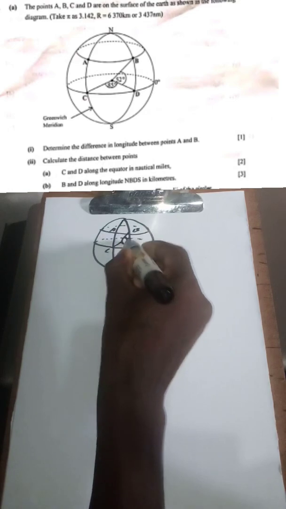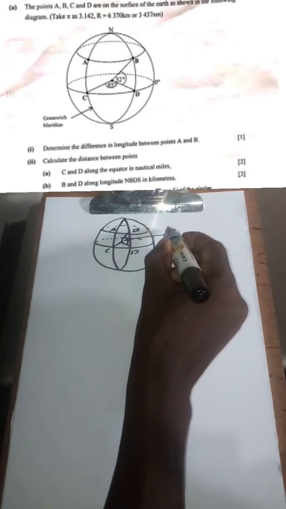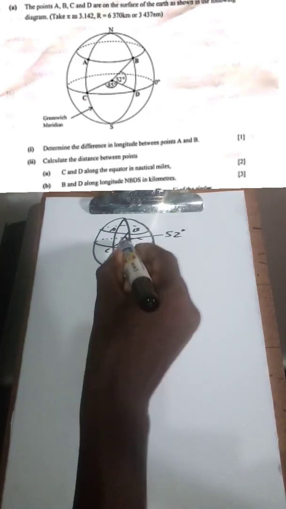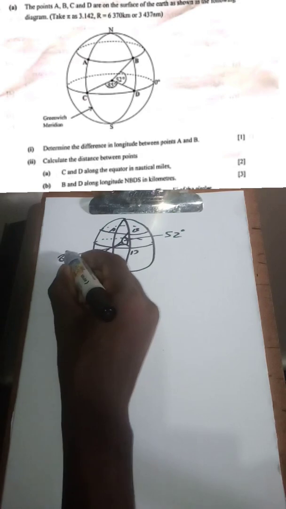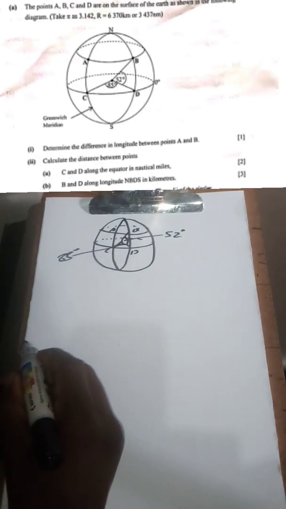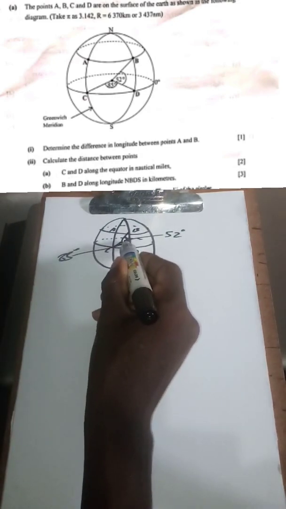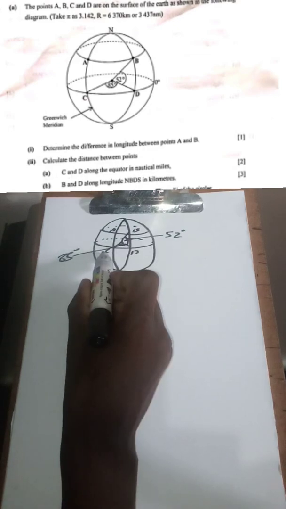The angle here we have is 52 degrees. Then the angle right here we have is 85 degrees. This is the angle between C and D.